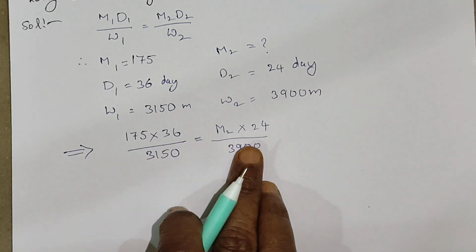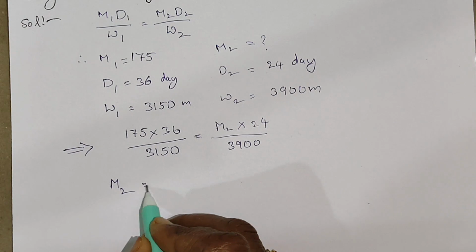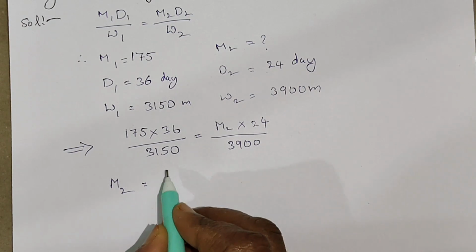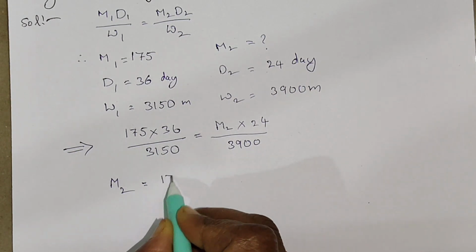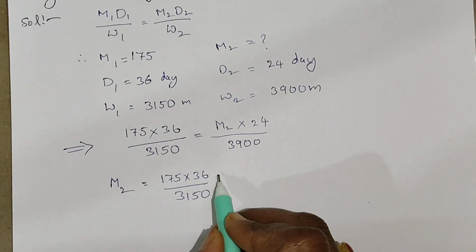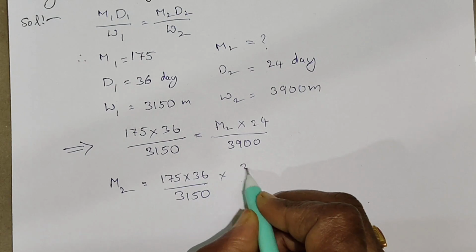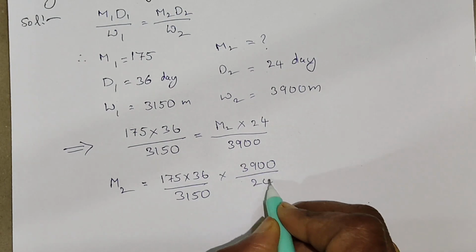So here we find this value. That's why we write on the left side this fraction as it is, 175 into 36 by 1350. This one carries to this side, so we write the reciprocal, 3900 by 24.